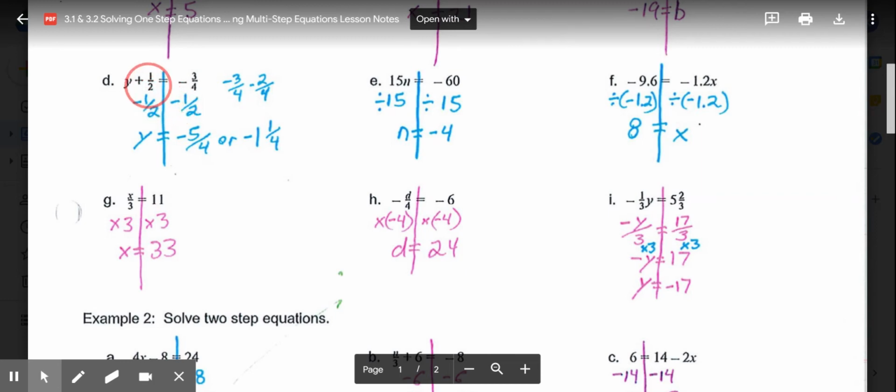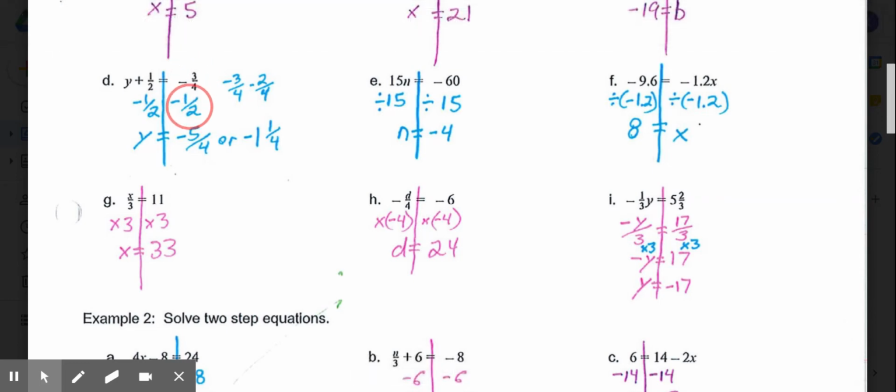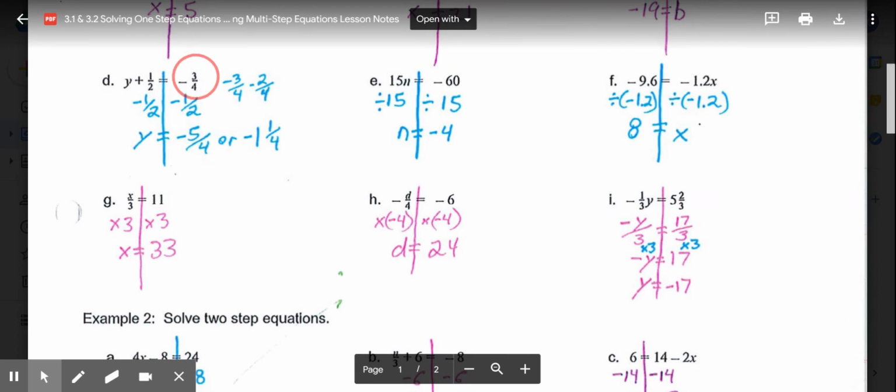So we would have the positive 1/2 and negative 1/2 on the left that cancel, leaving us with y, and then a negative 3/4 minus 1/2. So again, to add or subtract fractions, we need a common denominator. So our common denominator in this case could be 4.